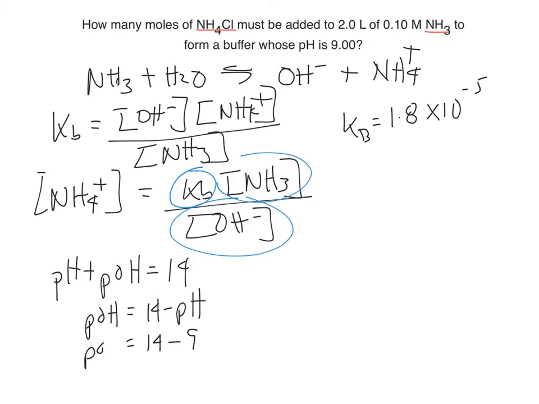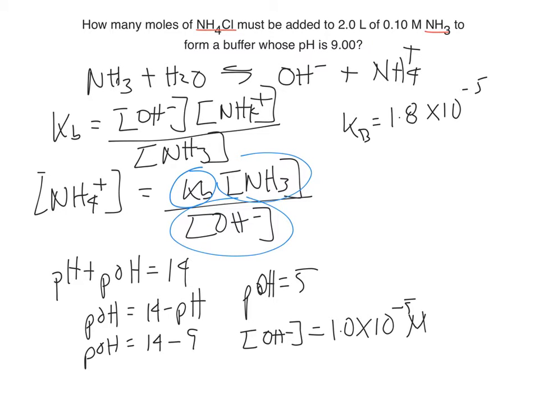So the pOH is going to be equal to 5. The concentration of OH minus is going to be equal to 1.0 times 10 to the minus 5 molar. Remember, that is the antilog, so it will be 10 to the minus pOH.